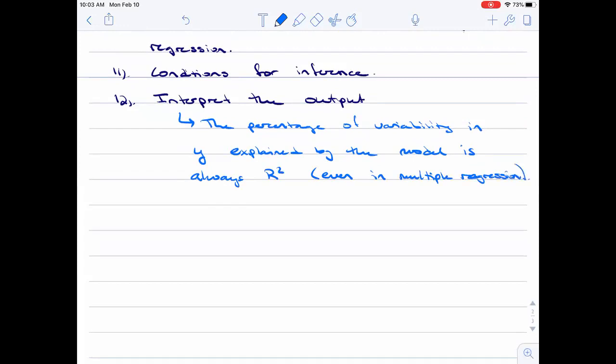That's the one thing that I felt like I didn't quite emphasize enough in class, so I'm putting it on here. The definition of R squared is the percentage of variability in Y that's explained by the least squares regression line on X or multiple regression. So that's always going to be R squared. For comparing models, use your multiple R squared or your adjusted R squared. But for the percentage of variability, it's R squared.